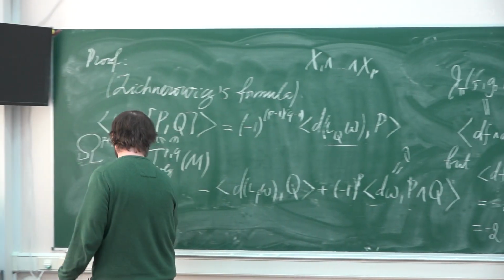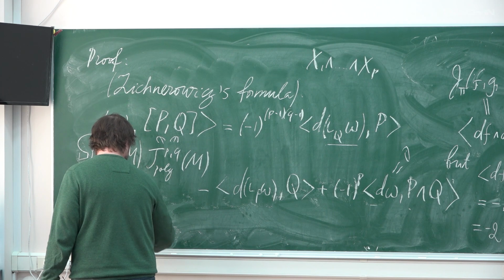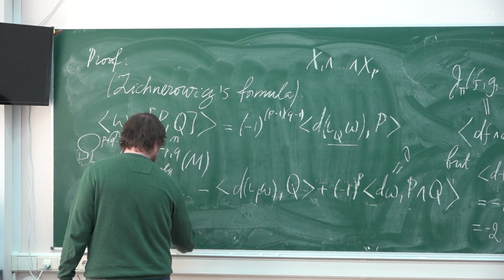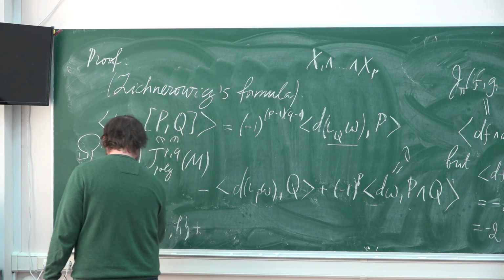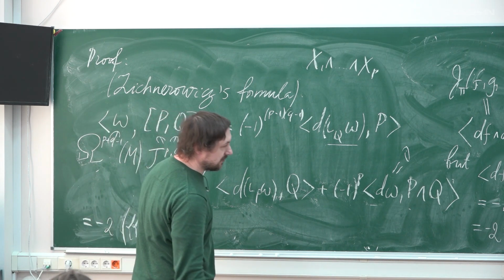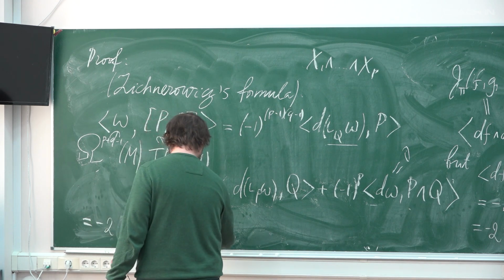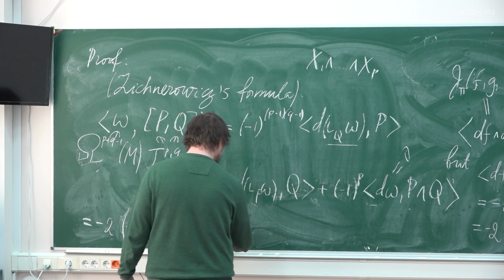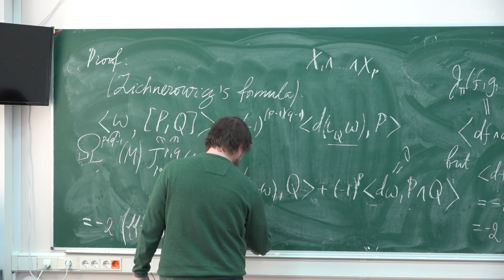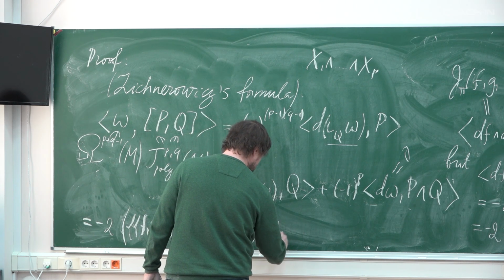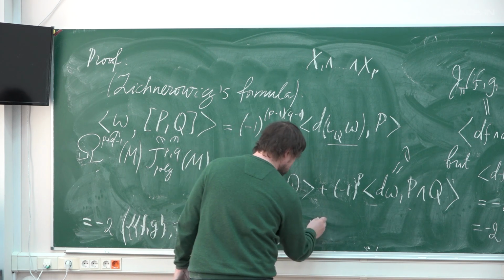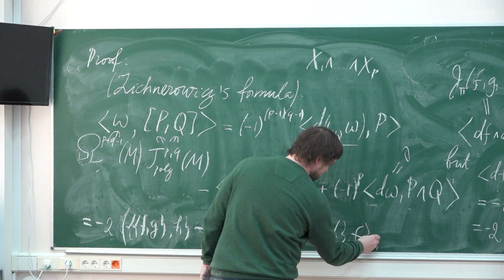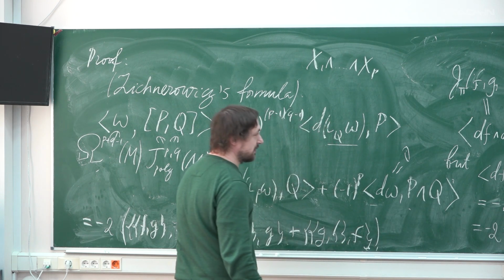So what we have is the double Poisson bracket of {f, g} comma h, plus or minus the Poisson bracket of {f, h} comma g, and plus {g, h} comma f, and that is precisely the Jacobiator.